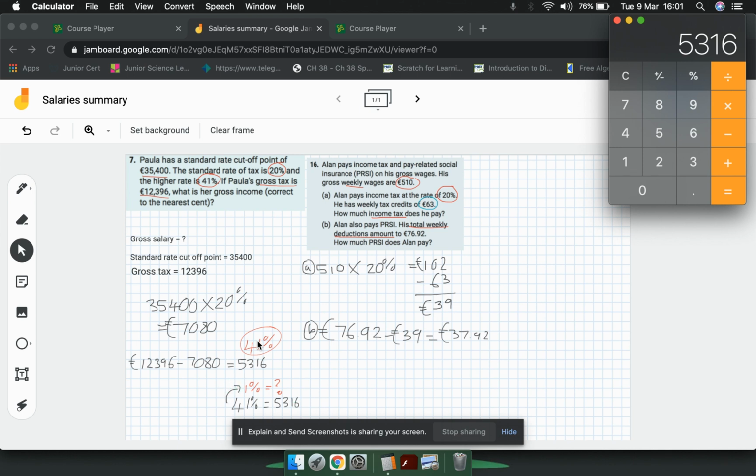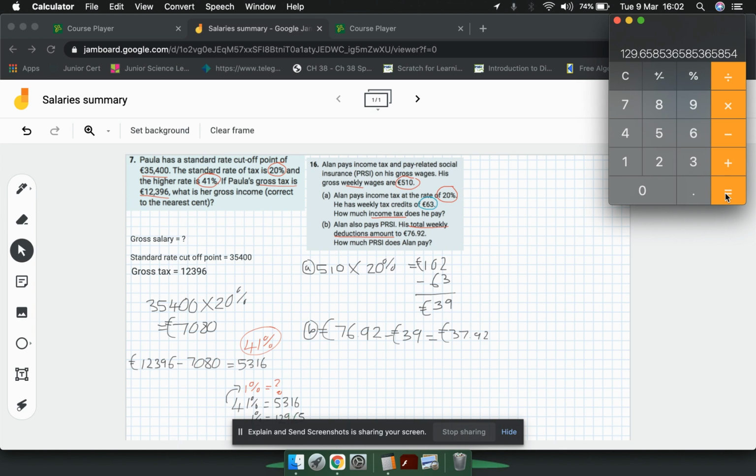So to do that, I divide 5,316 by 41%. And what I'm getting for that is, 1% is equal to 129.65. Now the decimal points will matter here, guys, because we're going to be multiplying to get 100%.